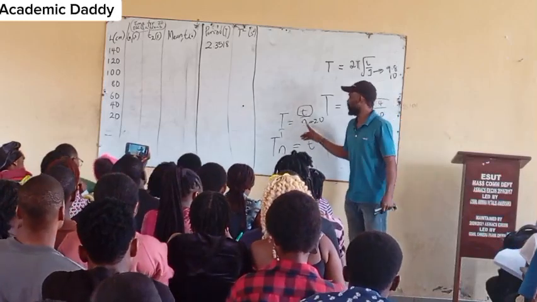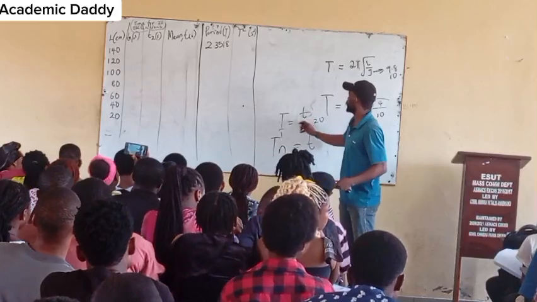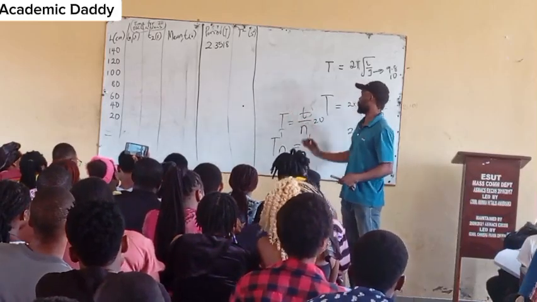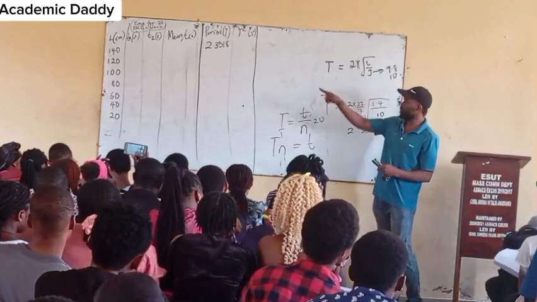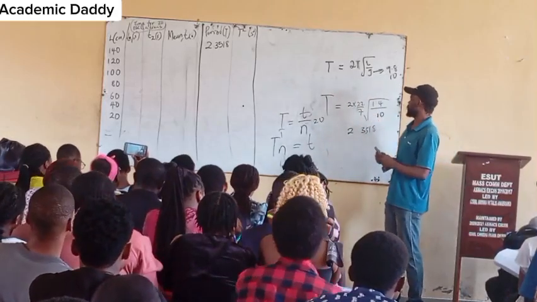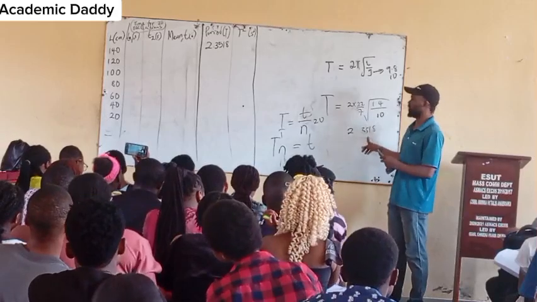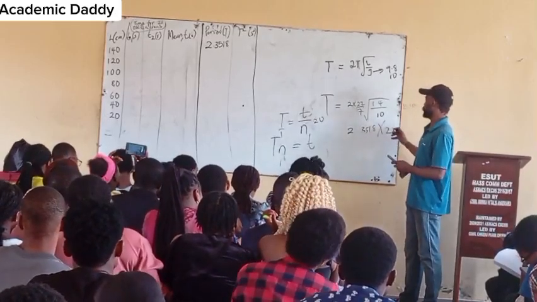So, let me draw this way. This T is equal to t over n. Cross multiply to make this the other formula, I see that t is equal to this, is it not? And when we use that length, which we changed to meters, we already know the time here is 2.35. Now, the number of oscillations is what?